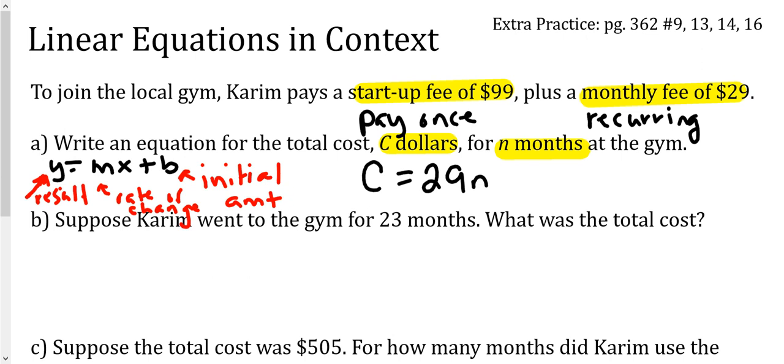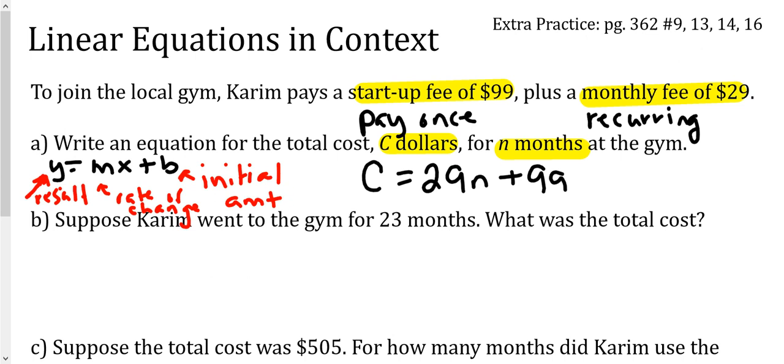Plus, that $99 gets tacked on to the end. It's always going to be 29 times the number of months. So again, for 1 month, 29 times 1, you pay that $29 once, plus that $99 that you paid right at the start. And this is talking about your total cost, from the beginning of when you went to this gym. There's your equation.